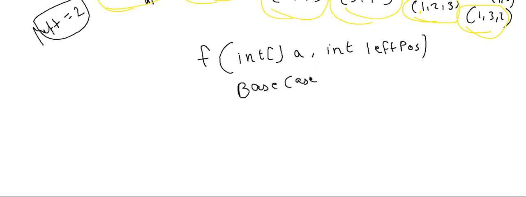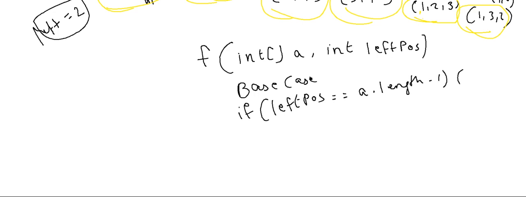We are stopping our processing when the left position is equal to the size of the array minus 1. So if left position is equal to a.length minus 1, we are stopping our recursive call.